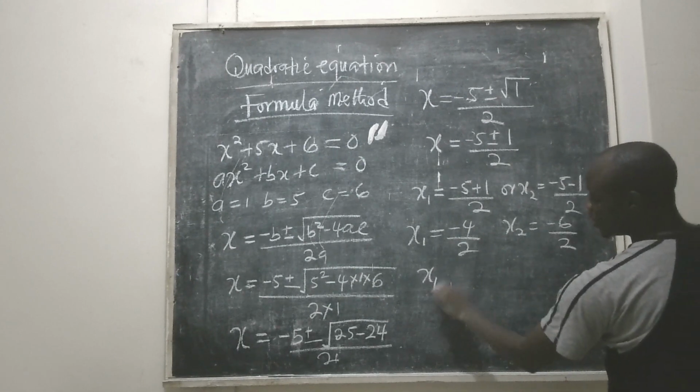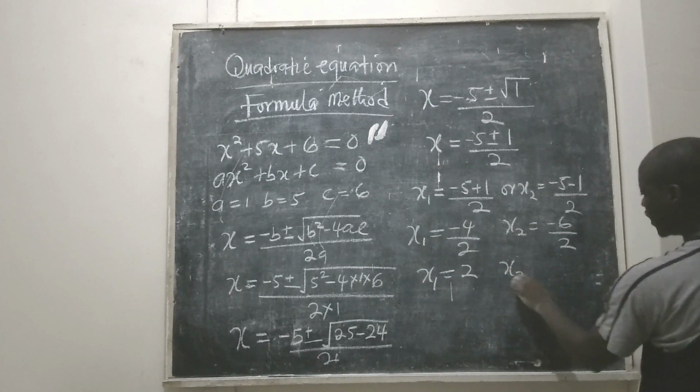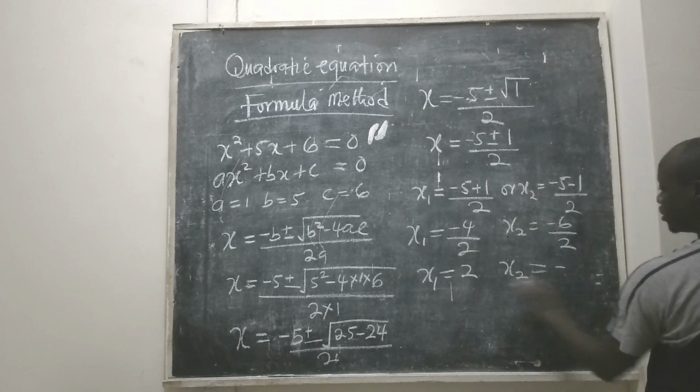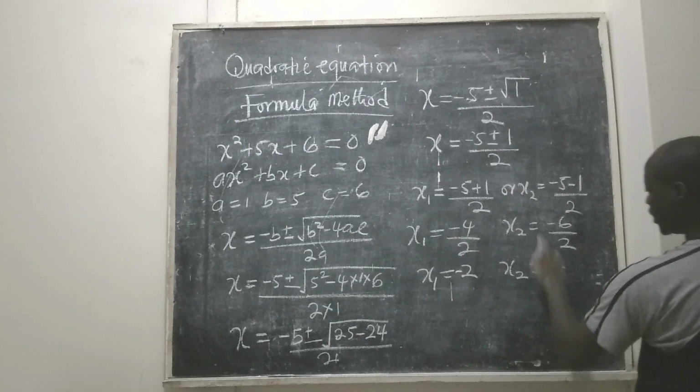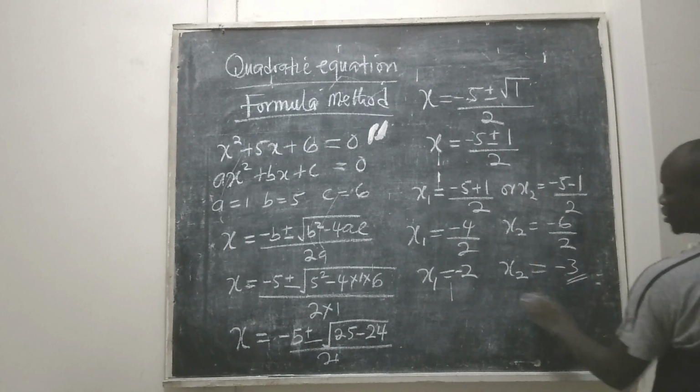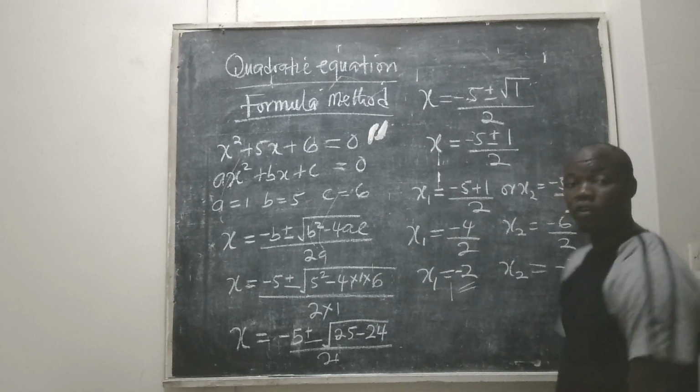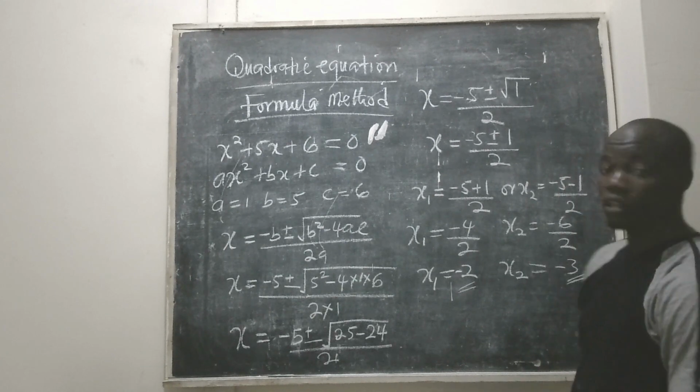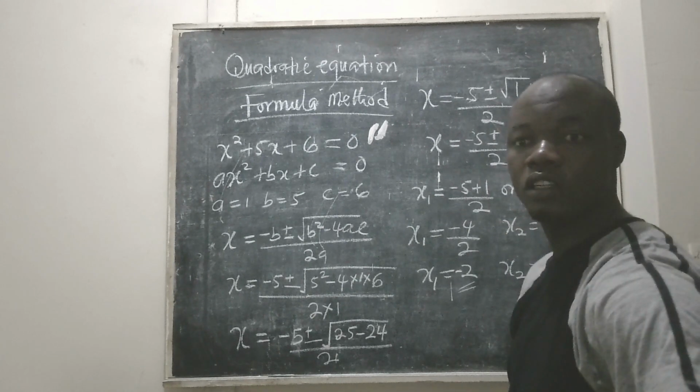So x1 is equal to minus 2, and x2 is equal to minus 3. This is how to solve a quadratic equation using the formula method.